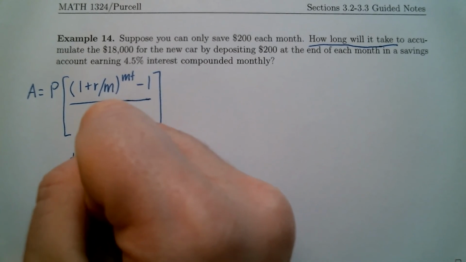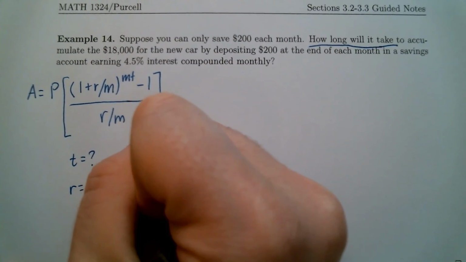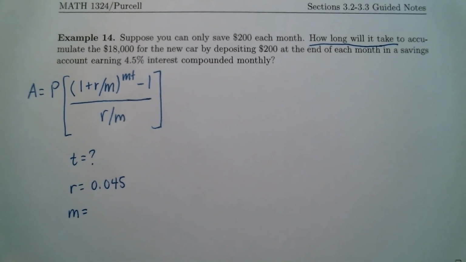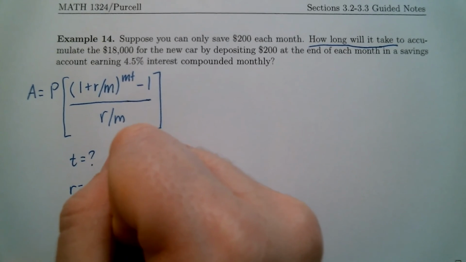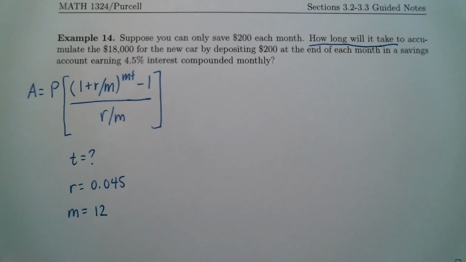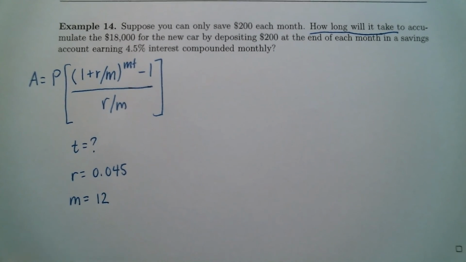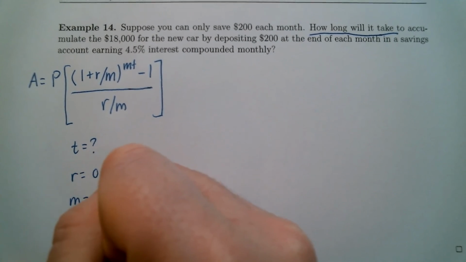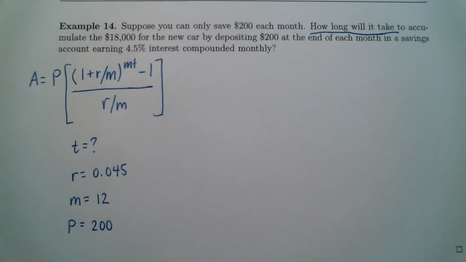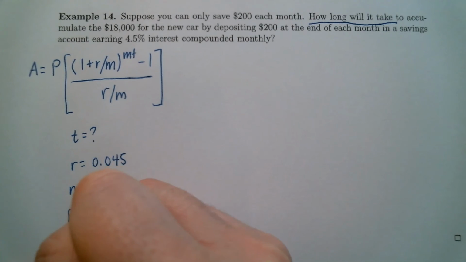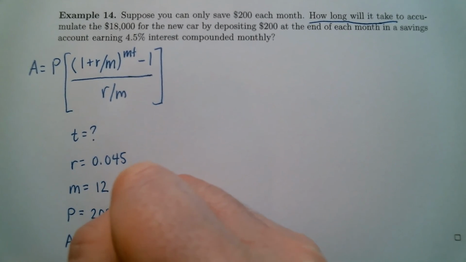The interest rate did not change, still 0.045. The interest is being added to the account monthly, compounded monthly. We're also making monthly deposits, so n is 12. Those two things should coincide. P is the amount of each deposit, $200. And then A is the amount we want to accumulate, or our final account balance, however you want to think about it.